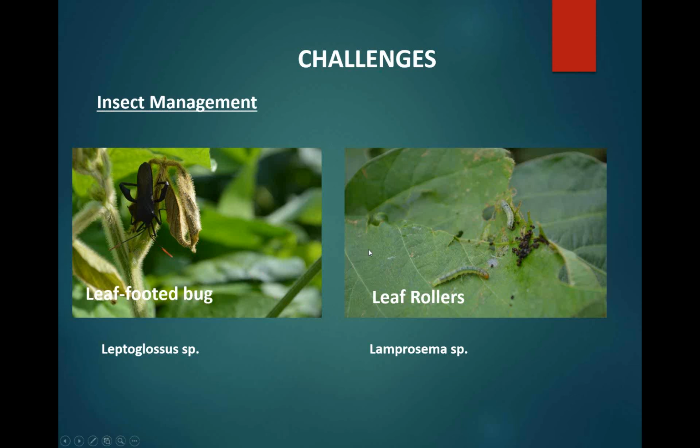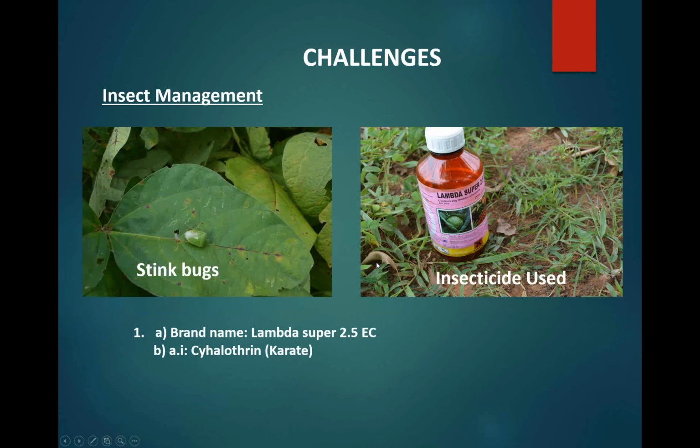These were not so much a pressure, but I needed to control them to be on the safe side. Now I also recognized stink bugs in the fields. These were also sprayed with insecticide, Lambda Super 2.5, which is a broad spectrum insecticide.